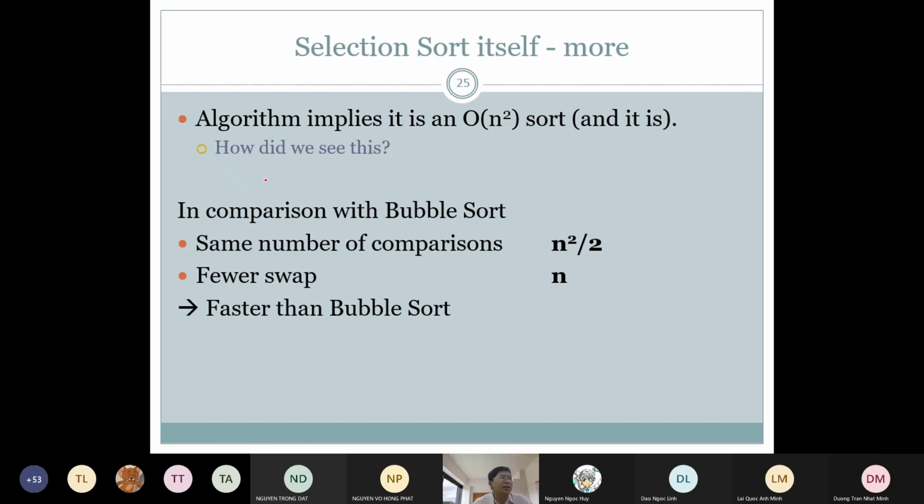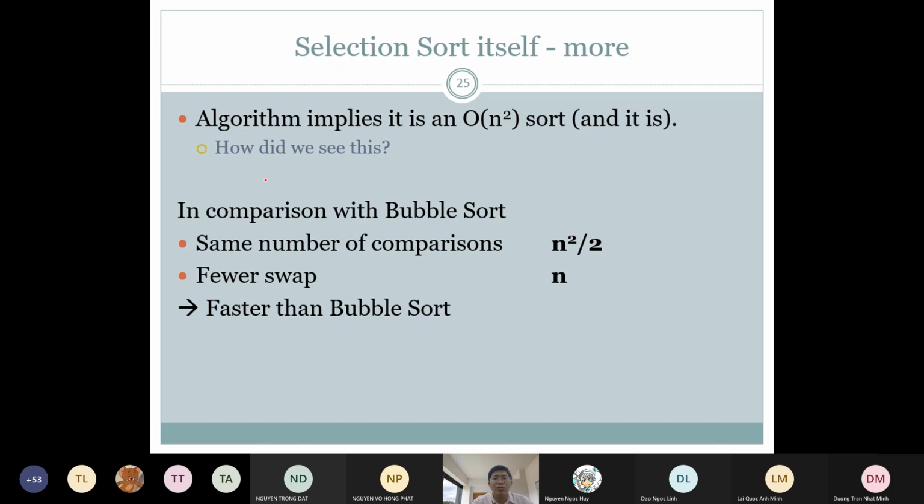Okay, then for the complexity, they are the same, both bubble sort and selection sort, but the selection sort is faster for sure, because we do a smaller number of swaps. If we have an array of 10 elements, then we have to do 10 swaps.